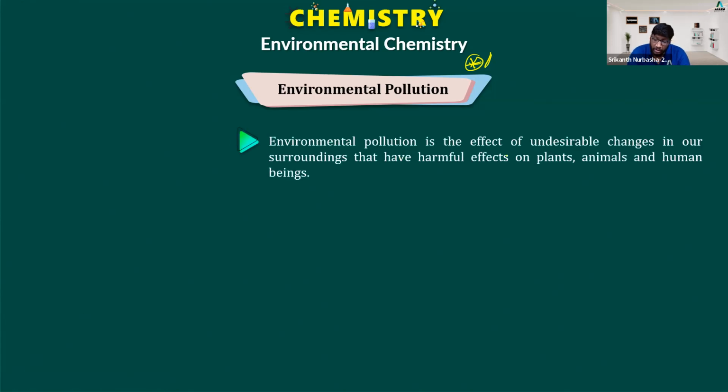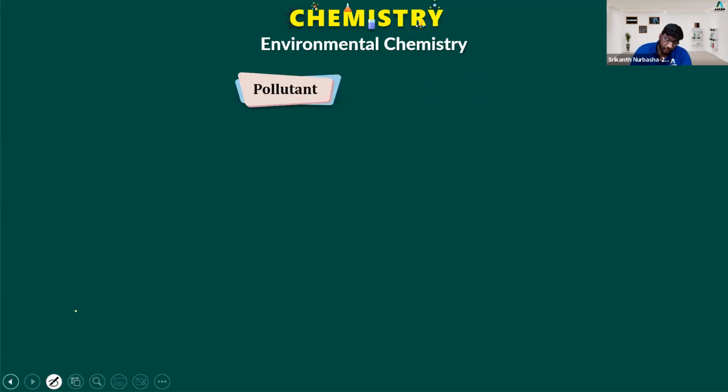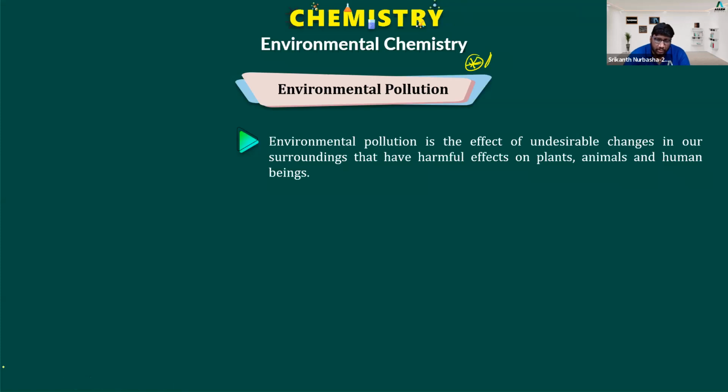Environmental pollution is the effect of undesirable changes in our surroundings that have harmful effects on plants, animals, and human beings. If you look at the overall lifespan of a human being, how much air we consume is approximately 12 to 15 times more than the amount of food we consume.